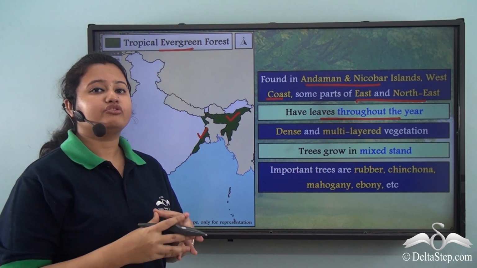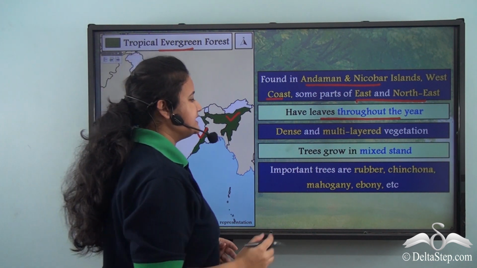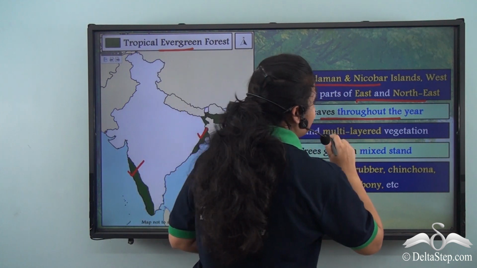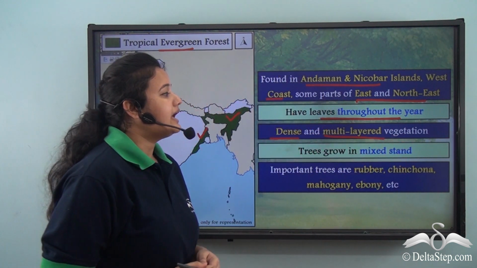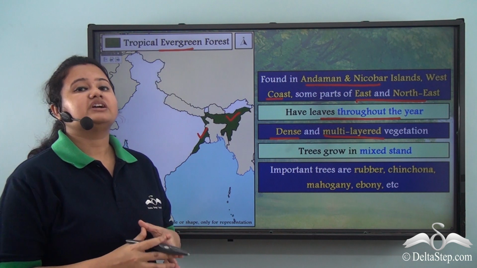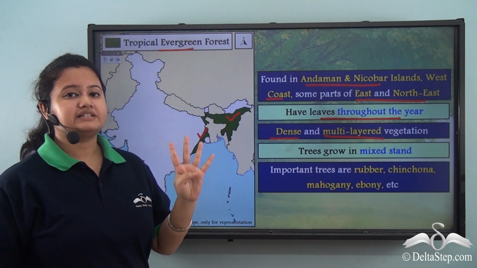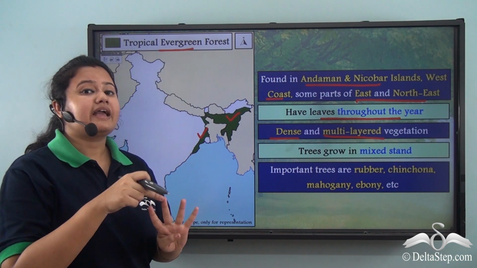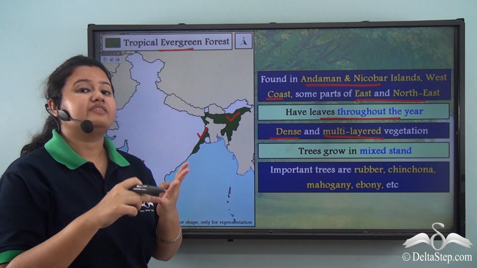Another feature of this vegetation is that it is dense and multi-layered. In fact, the vegetation consists of 4 distinct layers: the emergent layer, canopy layer, understory layer, and the forest floor.